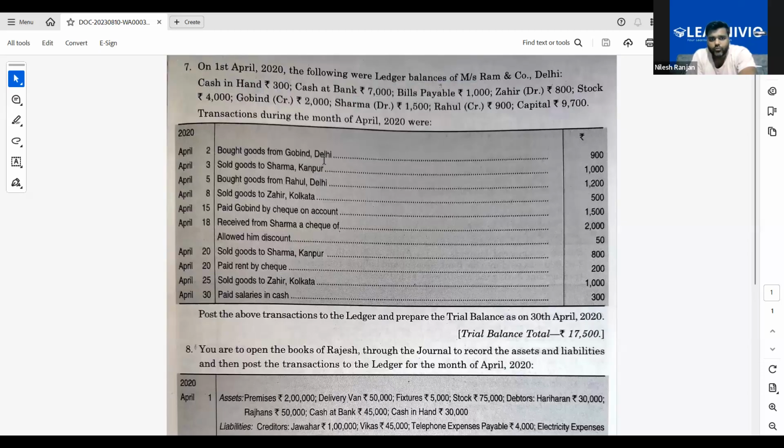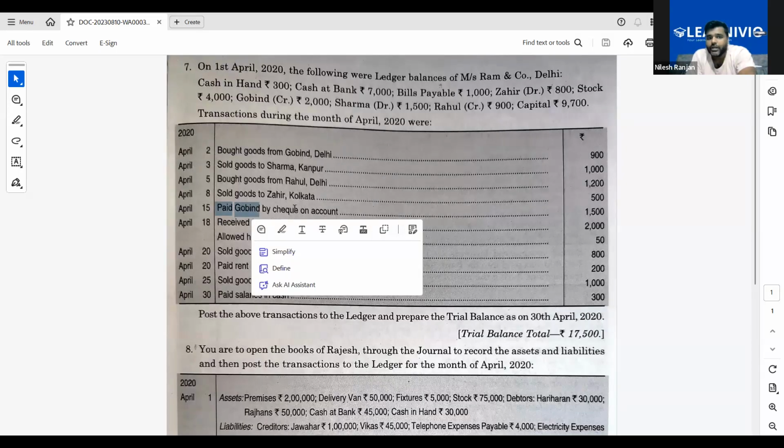Then bought goods from Govind, there is no cash transaction here. Sold goods to Sharma, no cash transaction. Then, yes, this is the first cash transaction, April 15. Paid Govind by check on account. So we are paying by check 1,500.